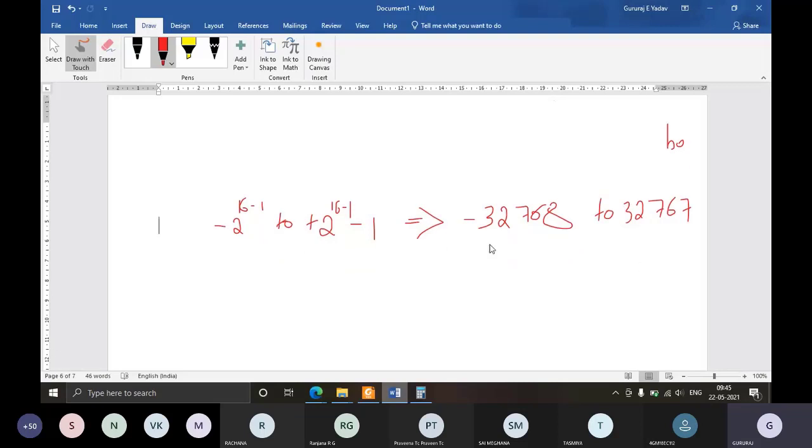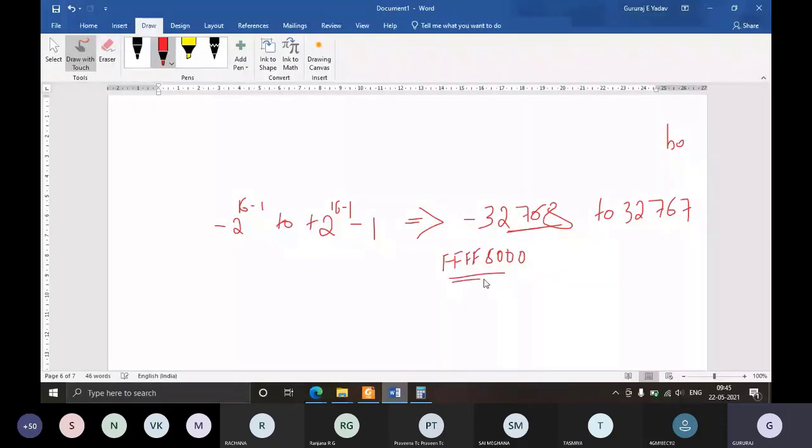If you represent the same thing in hexadecimal, it is 4 Fs because it is a negative value. Negative values are usually indicated using a 1 in the MSB. So this 16-bit value is 8000, which is minus 32,768. You can check this in your calculator, you will get the same.